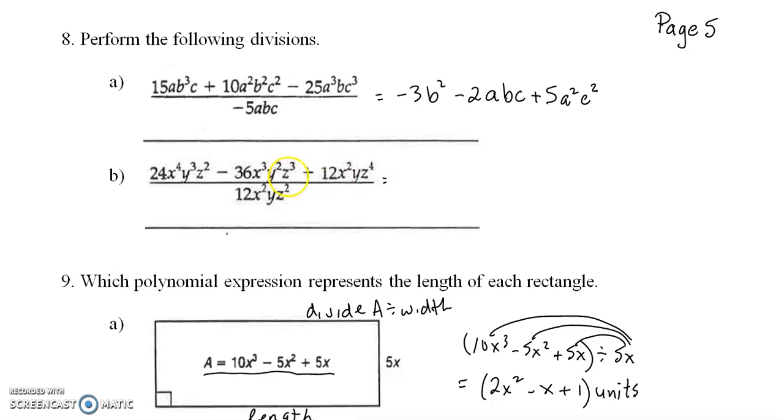In this case, this is division of a trinomial divided by a monomial. And in your head, what you're thinking is 24x to the 4 y cubed z squared divided by 12x squared yz squared minus 36.